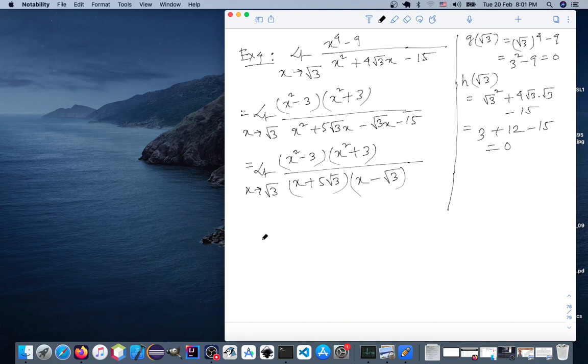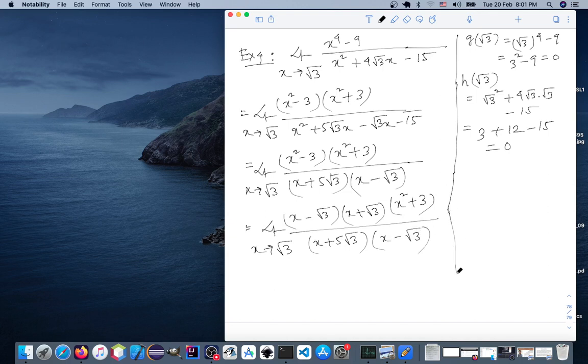Now the culprit here in the denominator is x minus root 3. So we must also eliminate x minus root 3 from the numerator. So we can further simplify it as x minus root 3 into x plus root 3 into x square plus 3, divided by x plus 5 root 3 multiplied by x minus root 3.